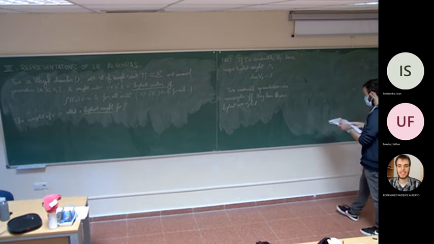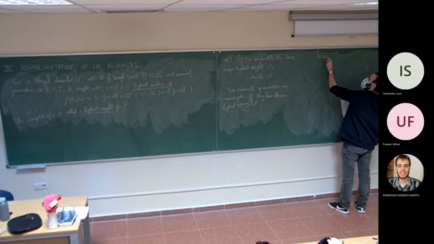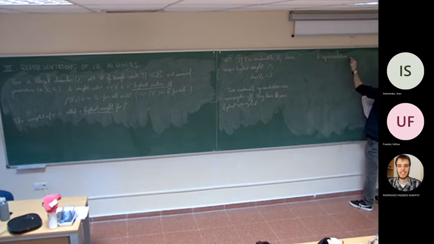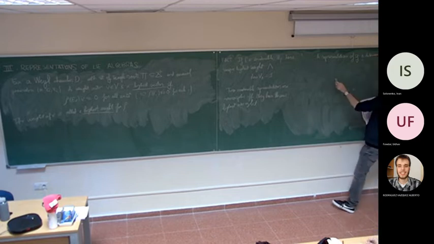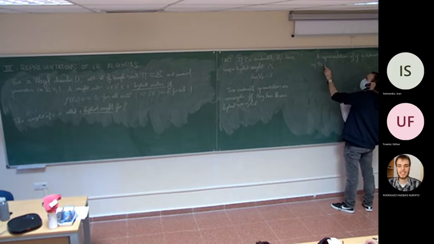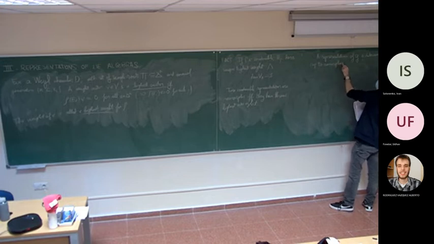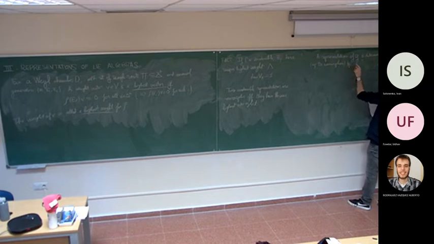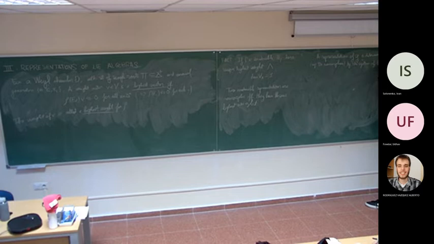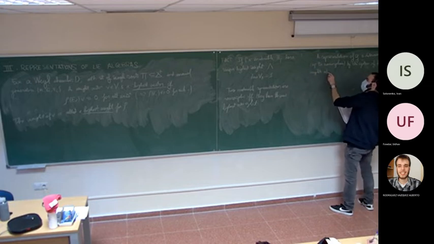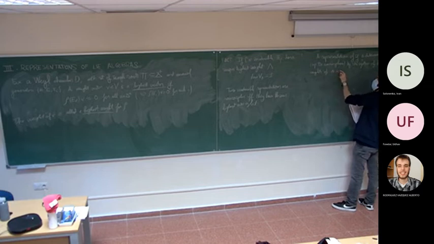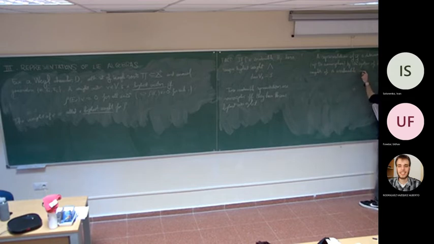So a more general statement than this is that a representation of g is determined, again up to isomorphism, by the system of highest weights of each irreducible component.